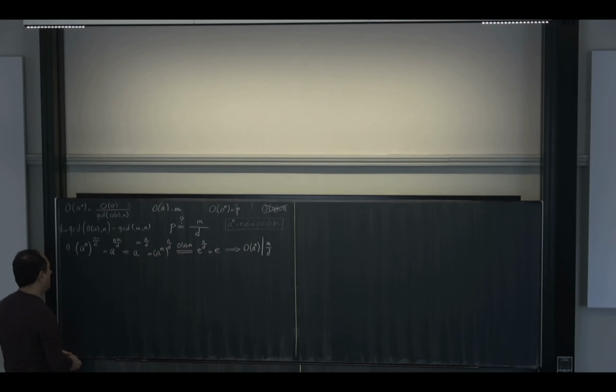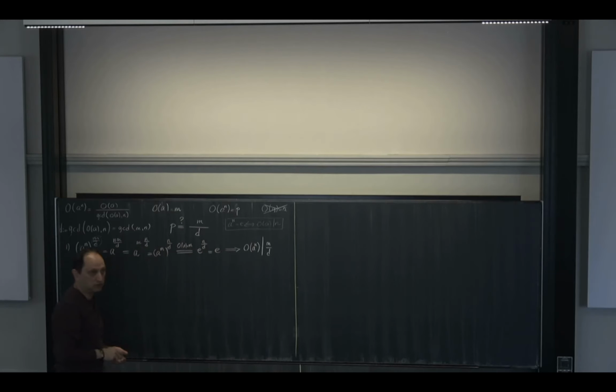So now I have something to a power equal to E. What does it mean? It means the order of this box divides the exponent according to this rule. Is that right? Yes or no?